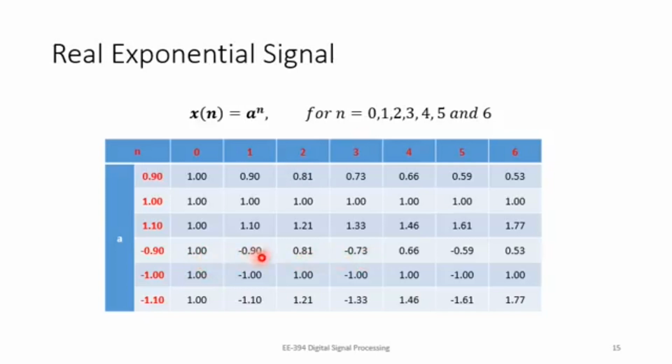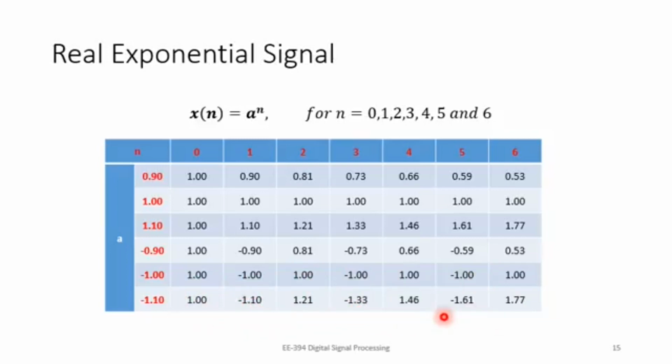So you get the signal values on both sides of the x-axis: positive y-axis, negative y-axis, and so on. But still it's a converging signal, except that the oscillations are there for all these three types. Here it's 1, minus 1, 1, minus 1, and so on. And here it is 1, minus 1.1, 1.21, minus 1.33.